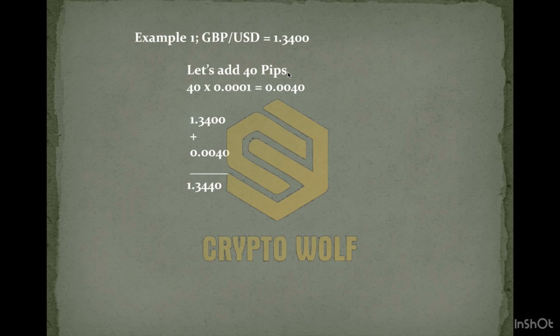We take 40 times 0.0001, which gives you 0.0040. Then you add it to the price of GBPUSD, which is 1.3400 plus 0.0040, and you get 1.3440. So now you have added 40 pips to this price.